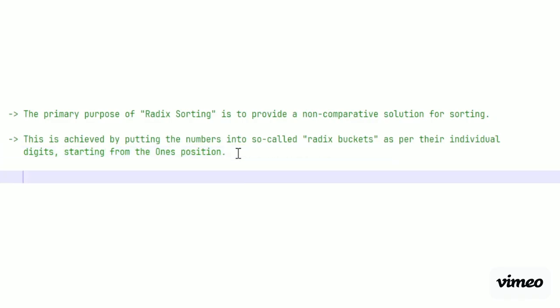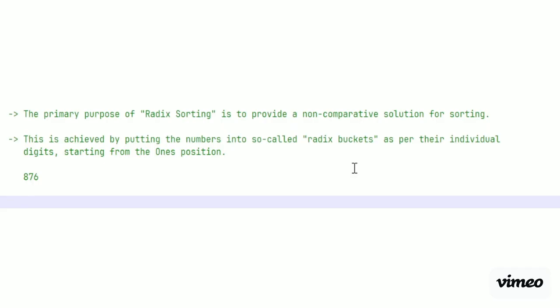So if we are given a number, let's say 876, we start from the rightmost digit in the number, that is the ones place. Here it is 6. Now we are not going to do any comparison. Since it is 6, we'll just put it in something called the radix 6 bucket.